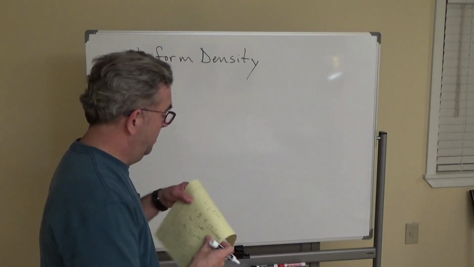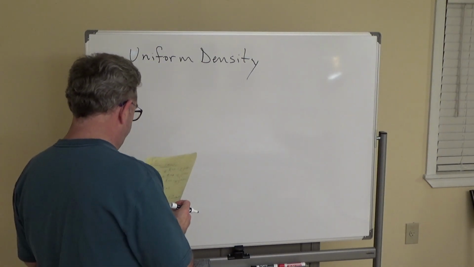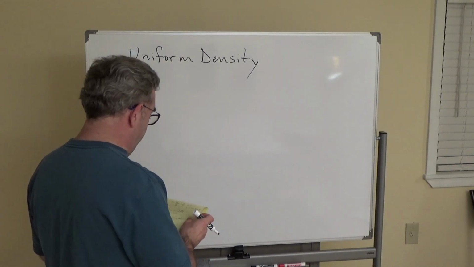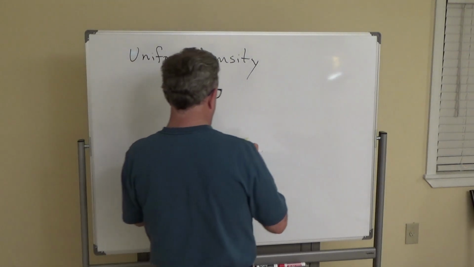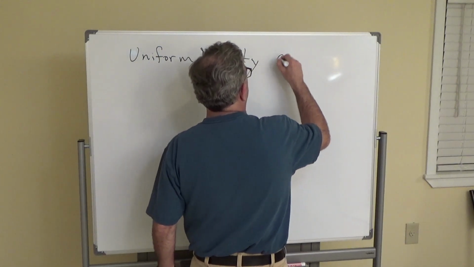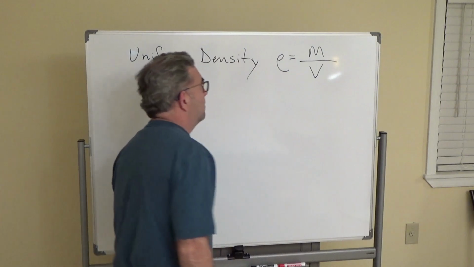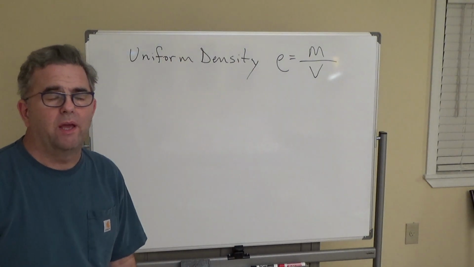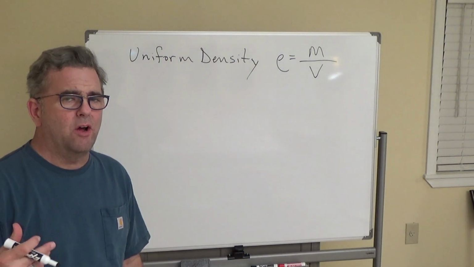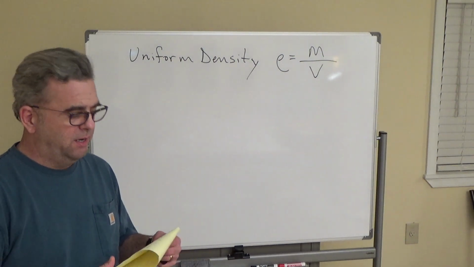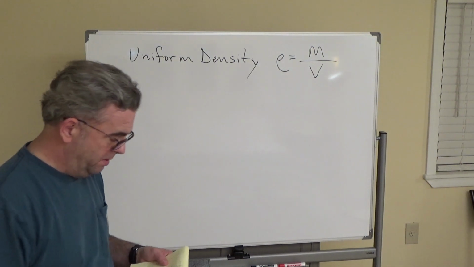I don't know. All right, so if you have uniform density, then rho is equal to that total mass over the total volume, okay? And this gives you a way to integrate over the volume, which is sometimes easier.